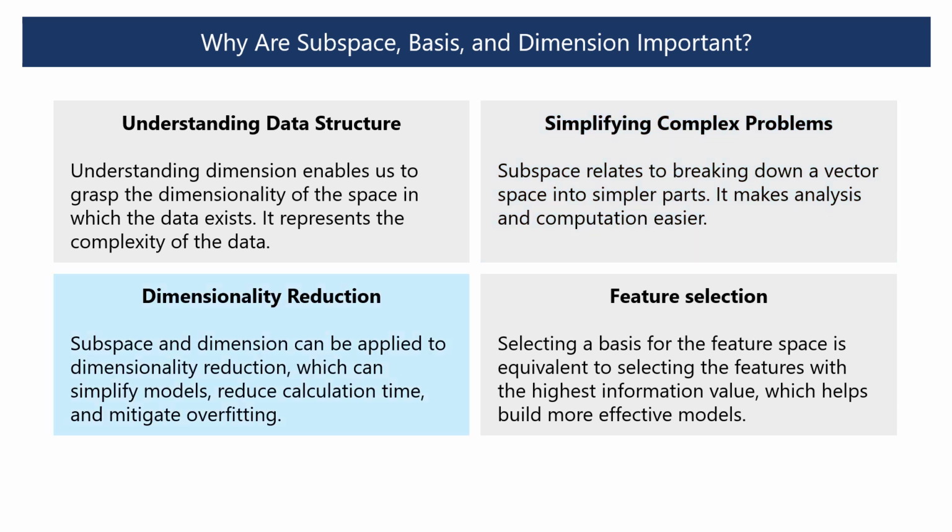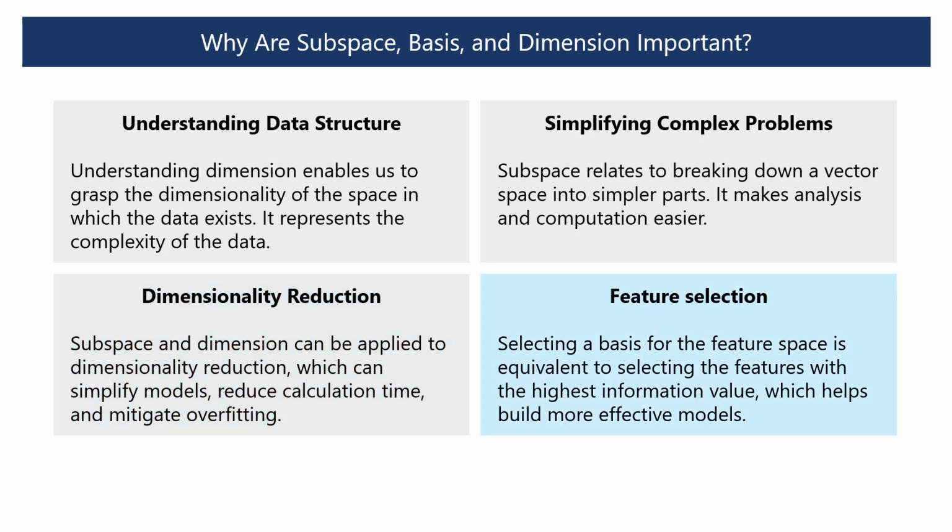The third is dimensionality reduction. Subspace and dimension can be applied to dimensionality reduction, a method to find lower dimensional subspaces within data. Dimensionality reduction can simplify machine learning models, reduce calculation time, and mitigate overfitting.